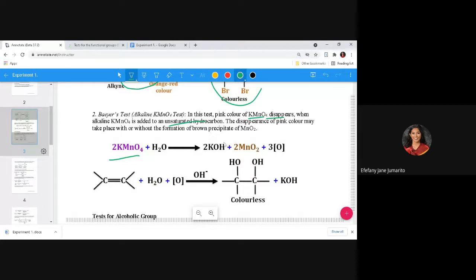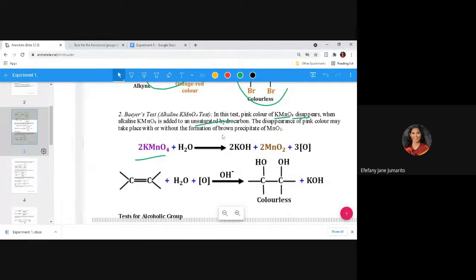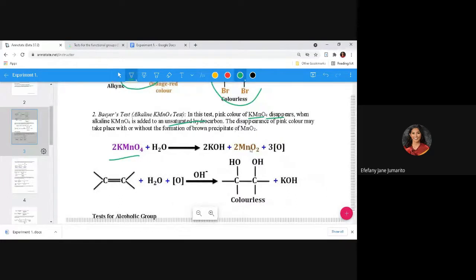The disappearance of the pink color may take place with or without the formation of a brown precipitate of MnO2. So there are also tendencies that we will have a precipitate. When we say precipitate, it is the compound that settles at the bottom of your test tube. The precipitate there is MnO2.